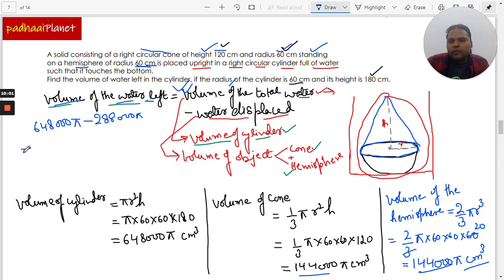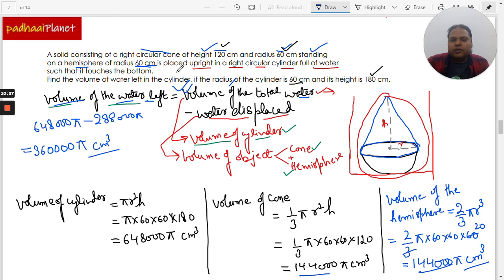So subtracting, we get 3,60,000 pi cubic centimeters.